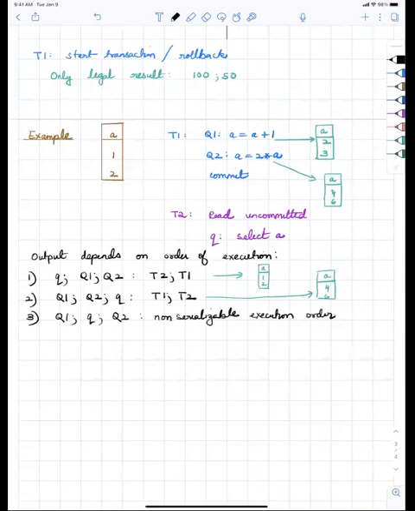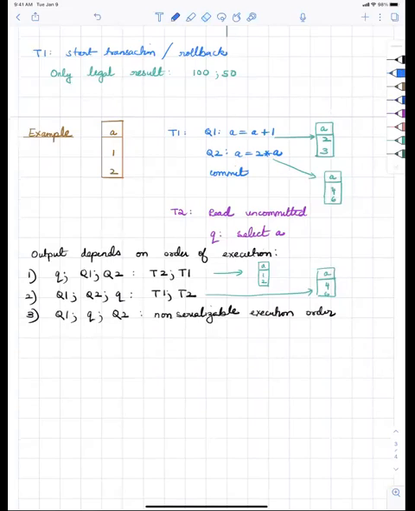So my question to you is, can you show me all the possible outputs for this? The first two are after the commit was done. The second two is Q1, Q, and then Q2. So could you show all possible outputs for this one? You could have one or more.